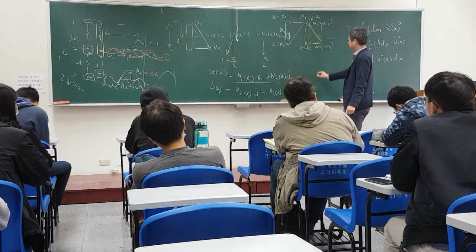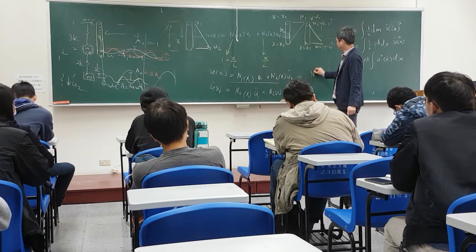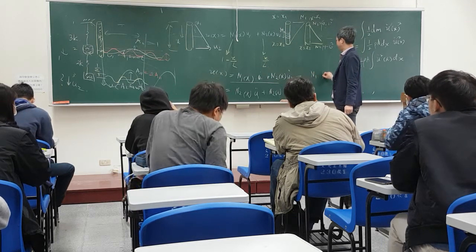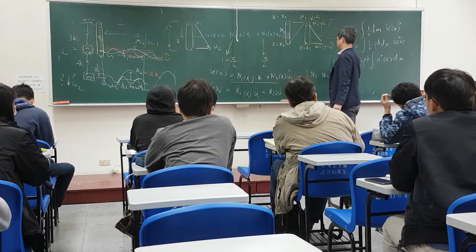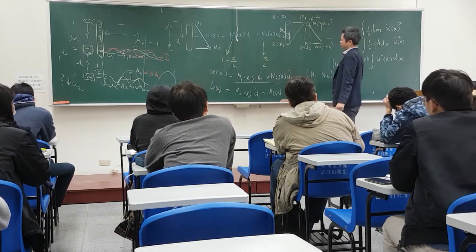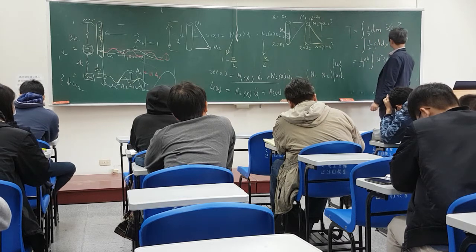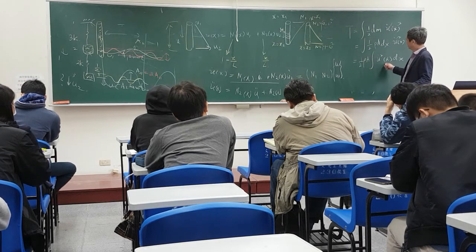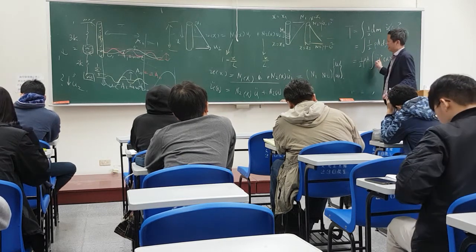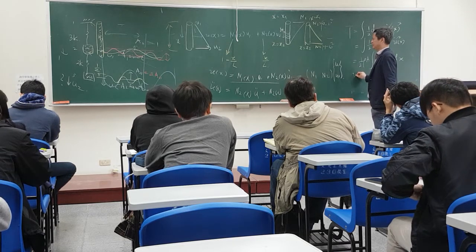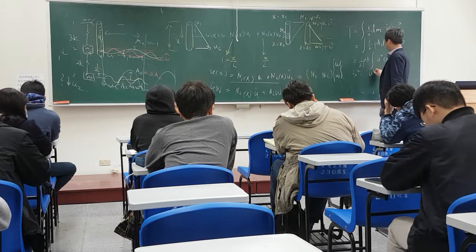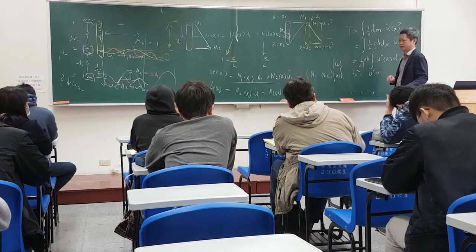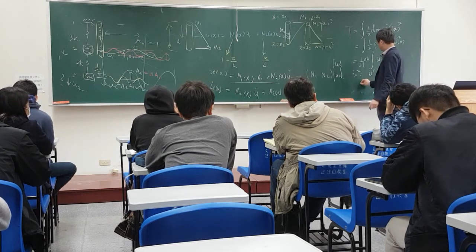Your velocity is N1, N2 times U1 dot, U2 dot. So this square is basically U dot transpose U dot. What is your U dot transpose U dot?